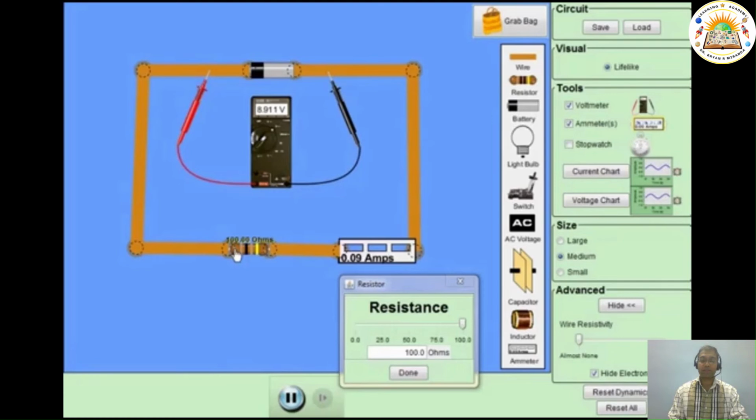Also, in this kind of circuit we do not have a lot of current. The current is only 0.09 ampere, or 90 milliampere, flowing through this. It is a very small current. So what we can do is reduce the external resistance so that there is maximum current flow in this circuit.